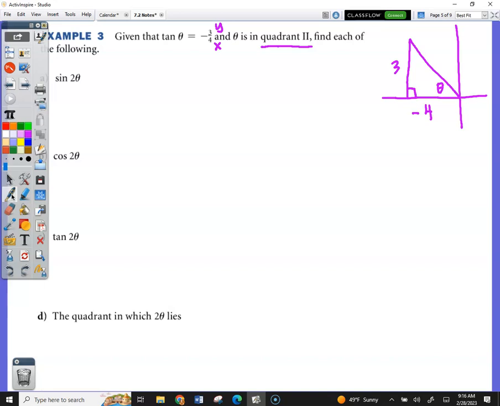You might be like, well, it's -4. It doesn't matter. It's still 3, 4, 5 because you would square the negative. So this is 5 here. But make a note to yourself, a squared plus b squared equals c squared, so that if it's not a Pythagorean triple, you would have to do the Pythagorean theorem there and find that missing side.